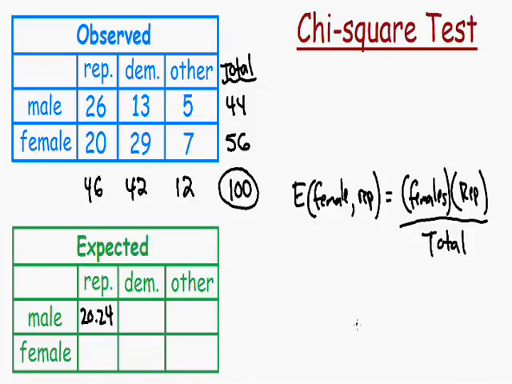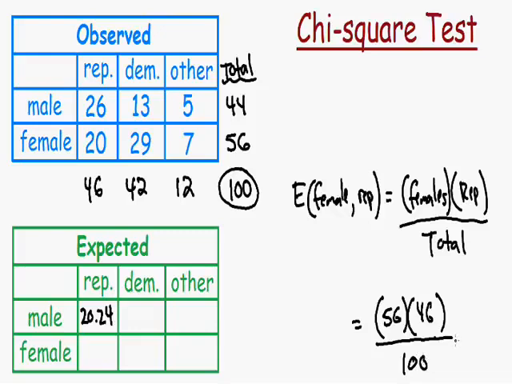So if we plug everything into this formula, we have the total number of females, which is equal to 56. So we have 56 females multiplied by the number of Republicans. We know that we have 46 Republicans, so this is multiplied times 46, all divided by the grand total, which we know is equal to 100.